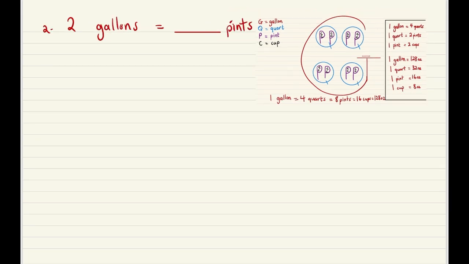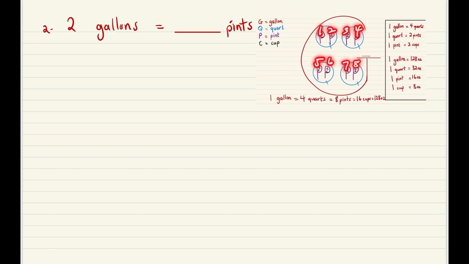The second question, we have 2 gallons is equal to how many pints? We know from before that 1 gallon is equal to 8 pints. From the image, we see that with the big G, there are a number of pints, and we're just going to confirm to see if 1 gallon is truly equal to 8 pints. So it's 1, 2, 3, 4, 5, 6, 7, 8.